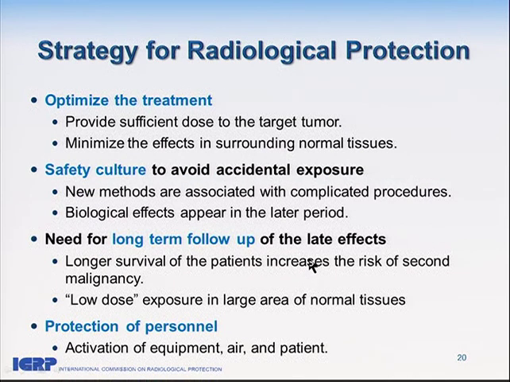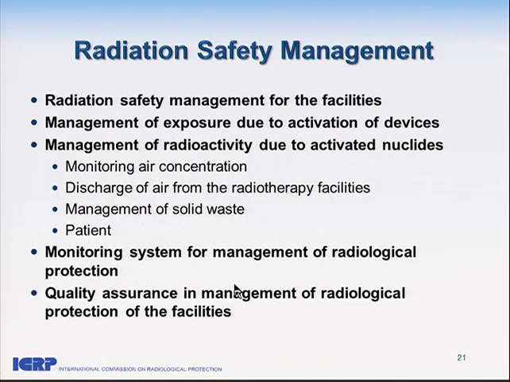So this is a summary of my talk: for the strategy of radiological protection, we have to first optimize the treatment, provide sufficient dose to the target tumor, and minimize the effect in surrounding normal tissues. Safety culture to avoid accidental exposure is essential. And new methods and biological effects should be considered. And we need a long-term follow-up of the late effects, and protection personnel is important.